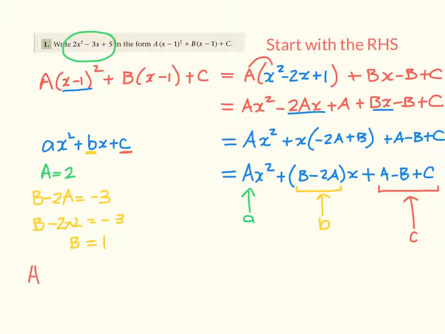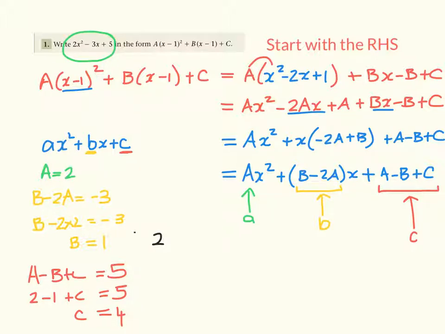All right, now my last term, c, is 5, and it's also equal to a minus b plus c. Now I already know what a is and b is, so now it's a bit of a substitution to find out what c is, mini equation, and it gives me c equals 4. Okay, so I found out what a is, found out what b is, found out what c is.